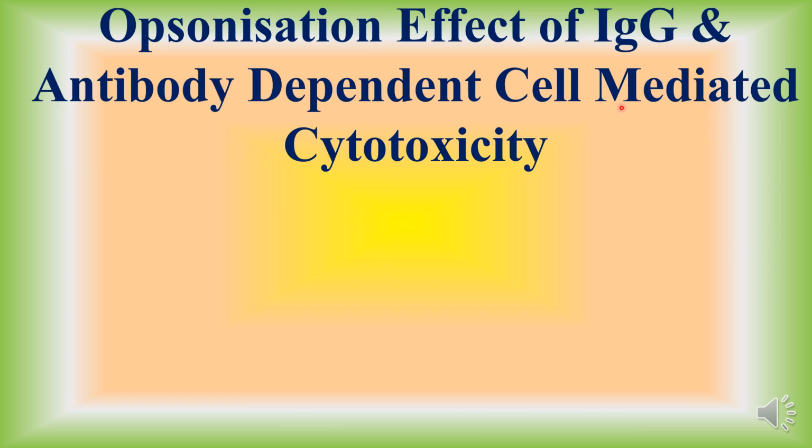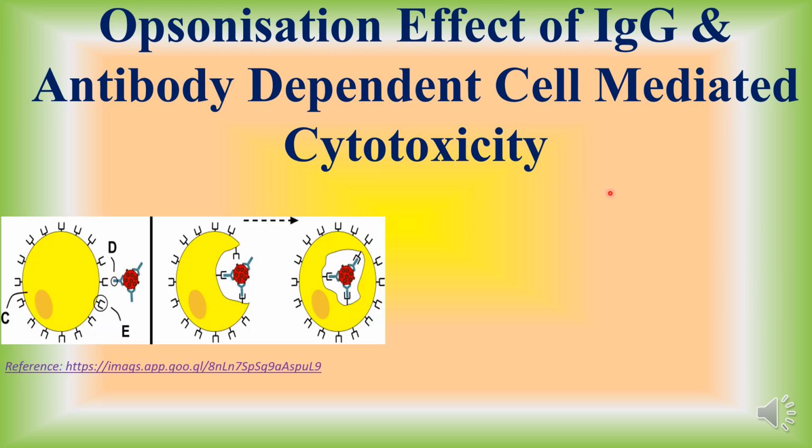So, opsonization effect of immunoglobulin G and antibody dependent cell mediated cytotoxicity. What are these phenomena? Let us try to understand. Opsonization effect is shown by immunoglobulin G, and it is a very important immune response provided by it. You can see that this is a natural killer cell.